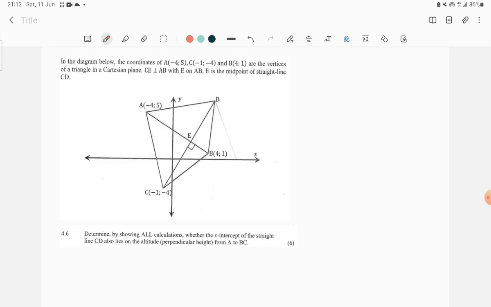Now, question 4.6 says, determine by showing all calculations whether the x-intercept of the straight line CD, remember the equation of CD was determined to be y equals 2x minus 2, also lies on the altitude, which is the perpendicular height from A to BC.